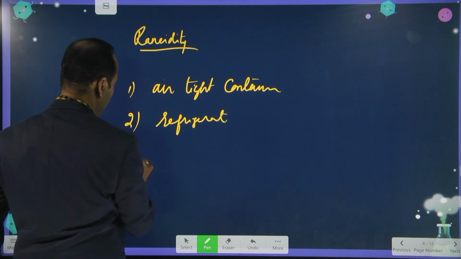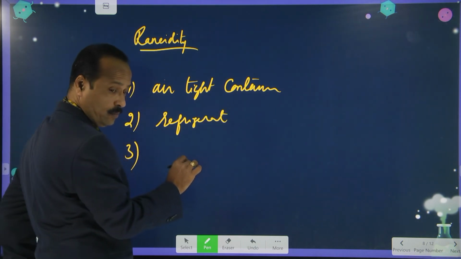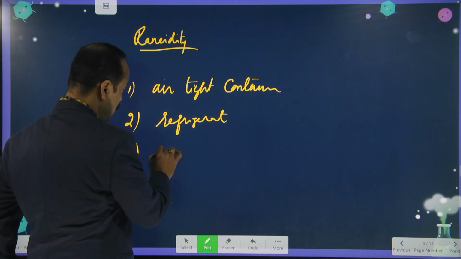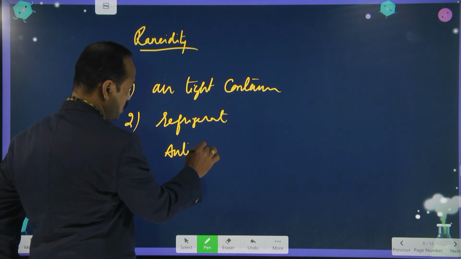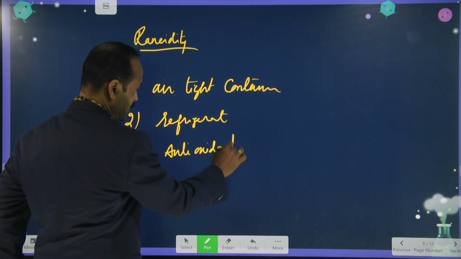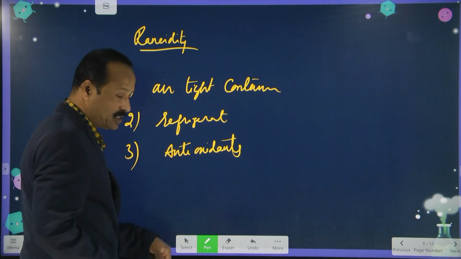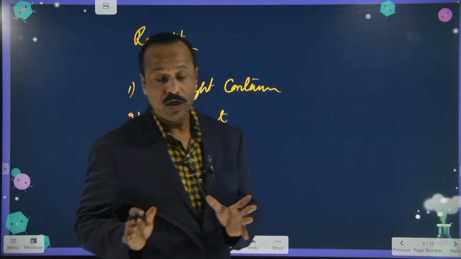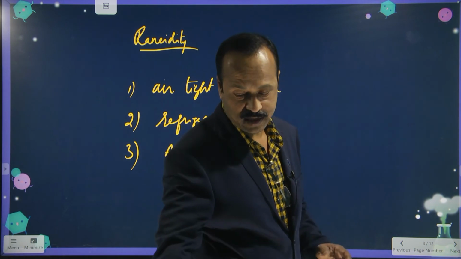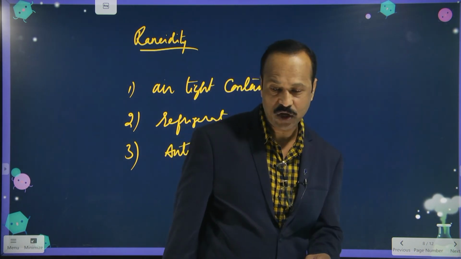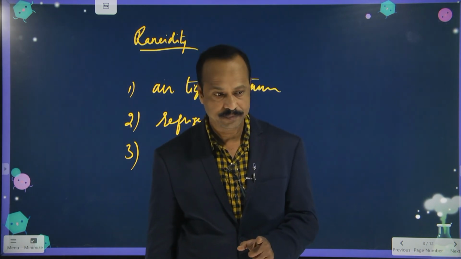And by using antioxidants. Oxidant means what? Which reacts with oxygen. Antioxidant means what? Which does not allow the reaction with oxygen. They are called antioxidants. Is this clear to you?